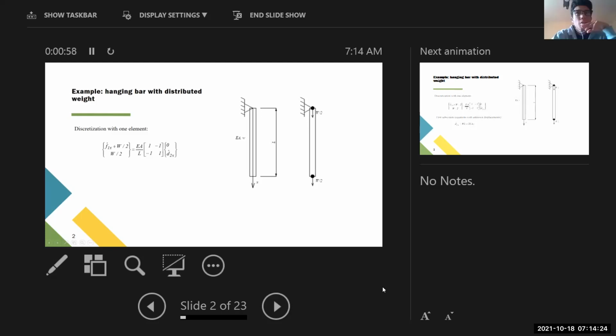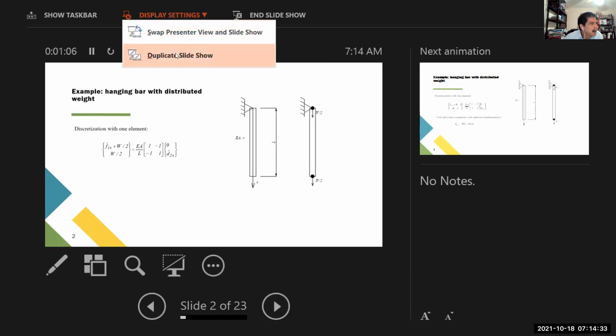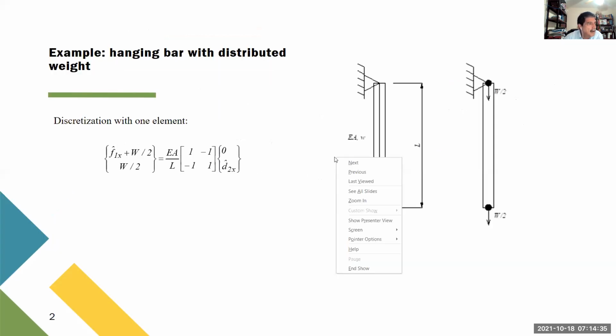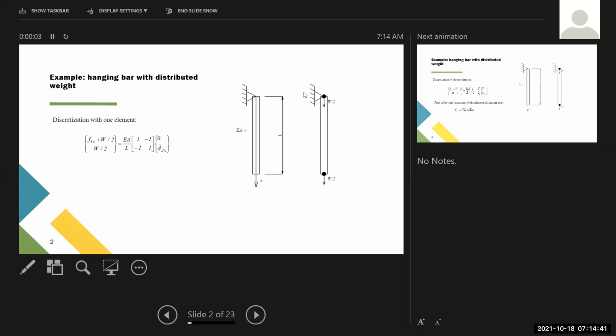Doctor, click on display setting. I did it. Now? Yep. Okay, now it's correct. Okay, good.